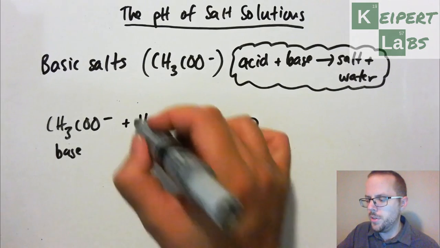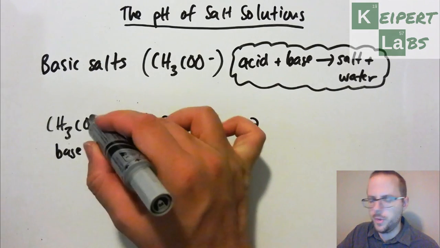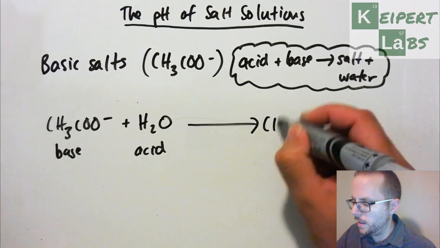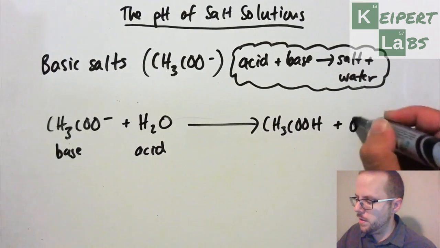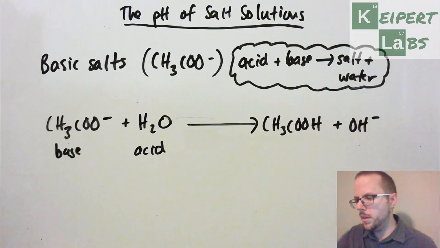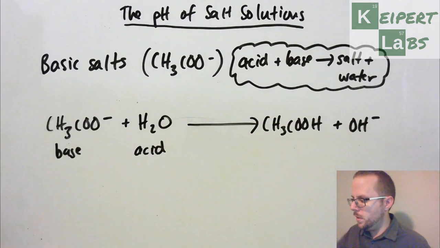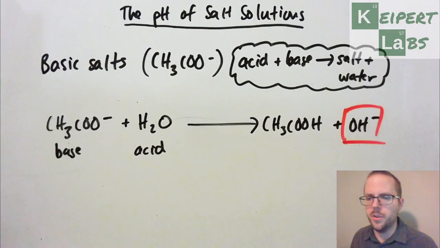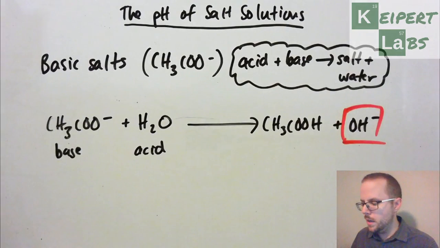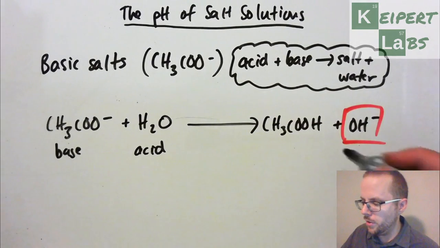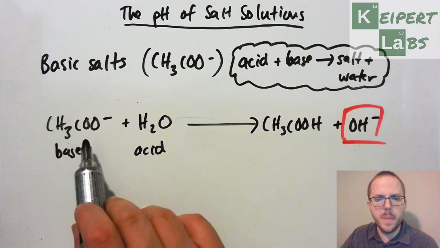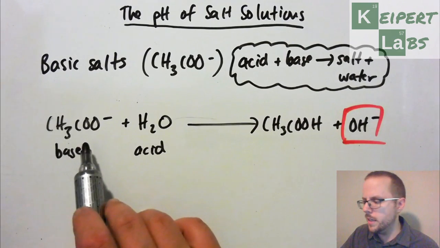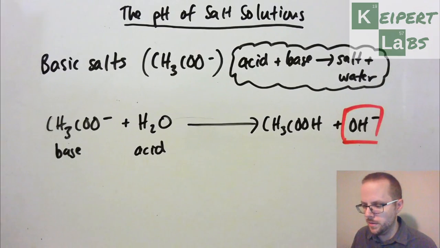So a proton from here is going to join onto here to reform a molecule of acetic acid, and wouldn't you know it, ding ding, we are forming the hydroxide ion. So we've formed hydroxide, therefore this has acted as a base. This is something that is basic, because when we put it in solution, it has produced hydroxide ions.